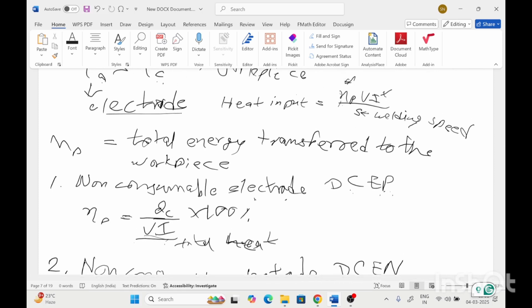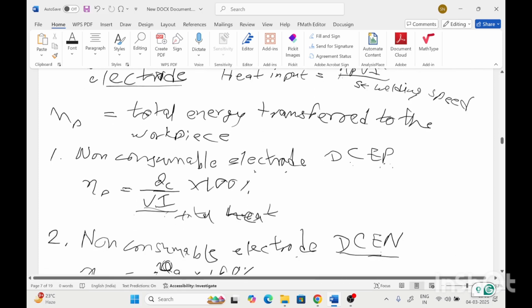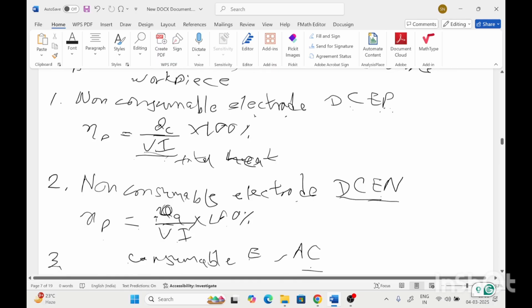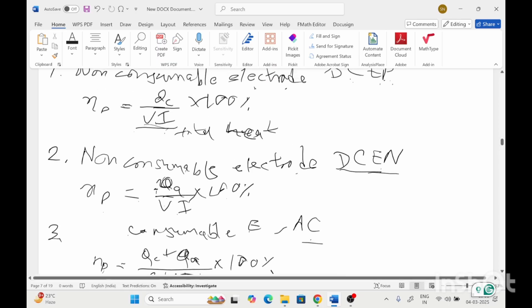I just want to go from point number one and two, ma'am. Non-consumable electrode DCEP, and non-consumable electrode DCEN means when the polarity of the electrode changes from positive to negative. For a negative polarity of the electrode, the heat efficiency will be high for the non-consumable DCEN.